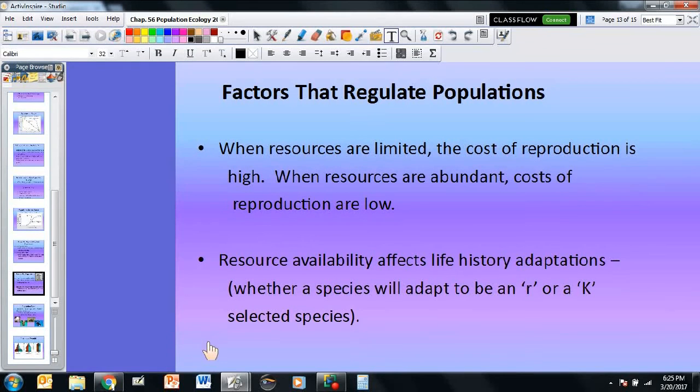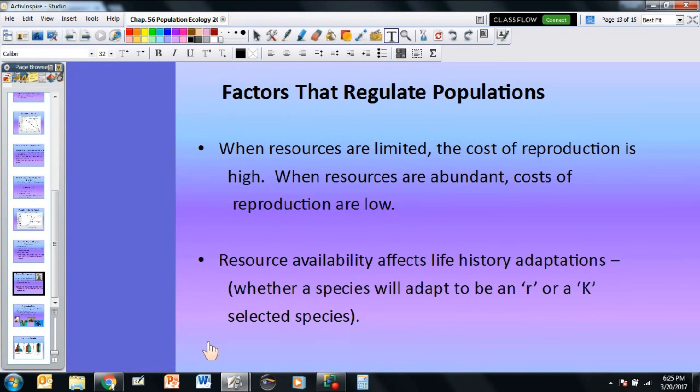The last factor that we'll talk about that regulates population is the actual cost of reproduction. Making a baby, whether it's an actual baby born like a kitten or an egg, costs the adults energy. It costs the female energy to produce that baby, and it costs the adults energy to actually care for that baby.